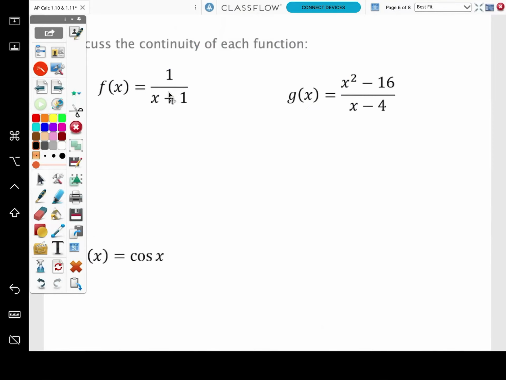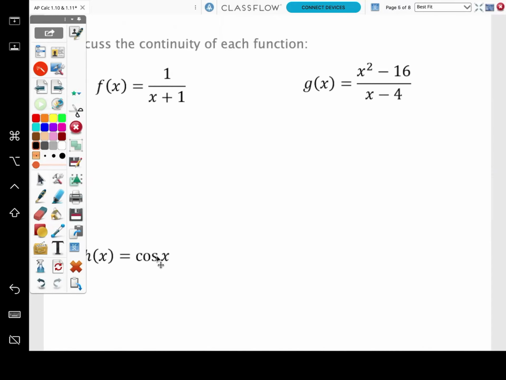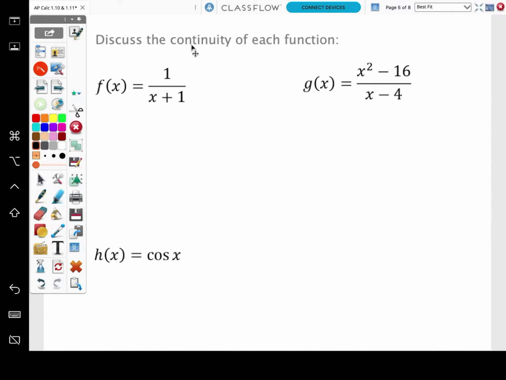So let's talk about the continuity of each function, because I said it wasn't so bad, right? Most of the time you're going to be able to use your really intelligent brains and just tell me where something is discontinuous. And you may even know whether it's a hole or an asymptote at any given time. So let's look at this first one. f of x is 1 over x plus 1. Functions are continuous unless there's a division by 0 or radicals of negative quantities, even radicals.